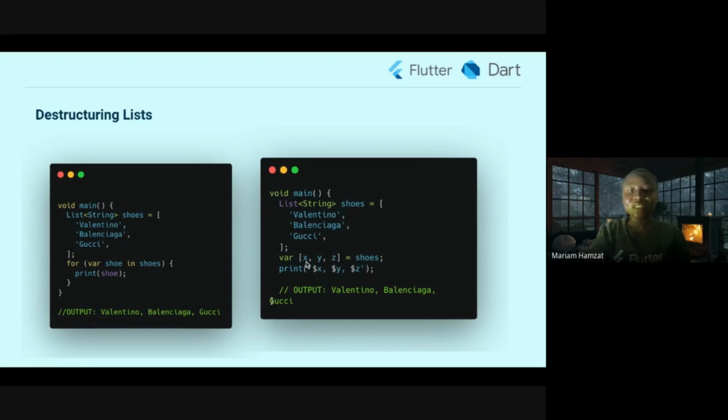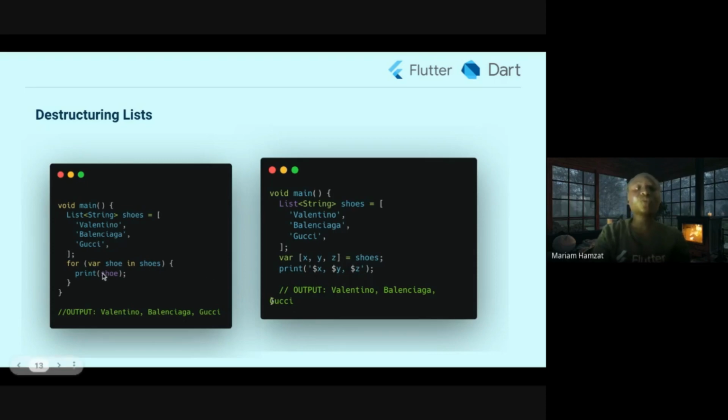And since X is an index, it represents the items in ascending order. So once I print, I get X equals Valentino, Y equals Balenciaga, and Z equals Gucci. So it is clearer.